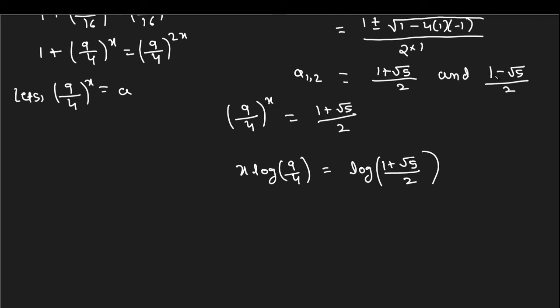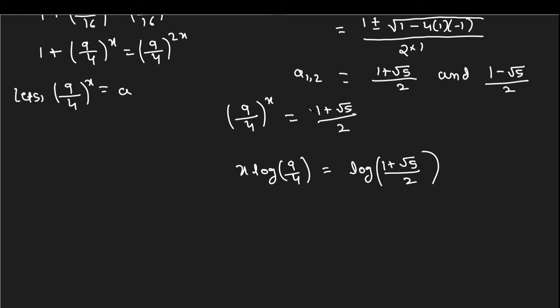Suppose I take (1 minus root 5) by 2 in this equation, then it will become the logarithm of a negative number. Hence, it is not a real value and it is not defined.